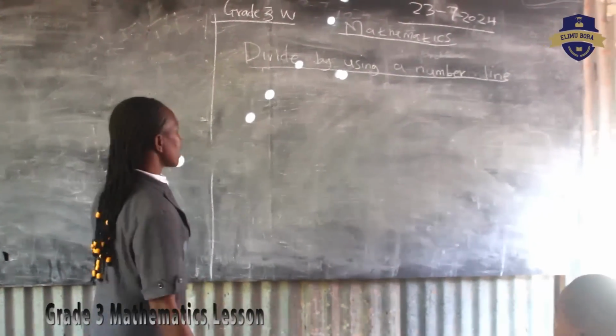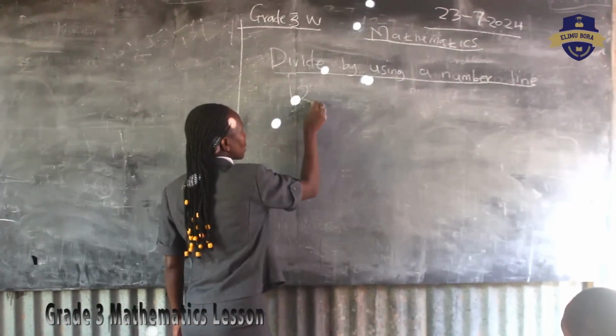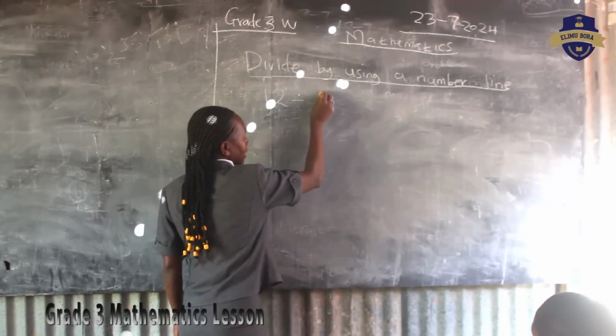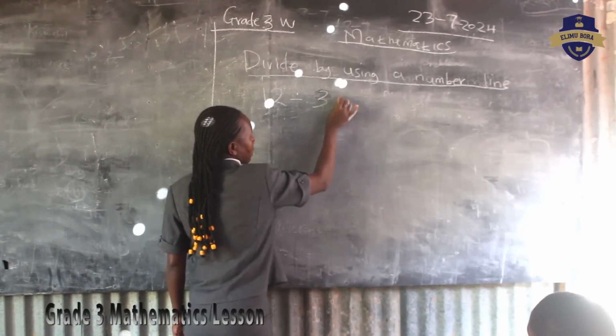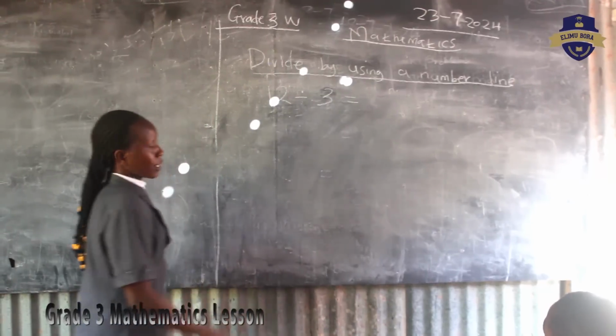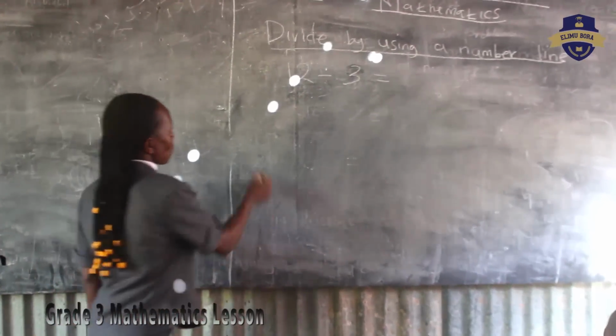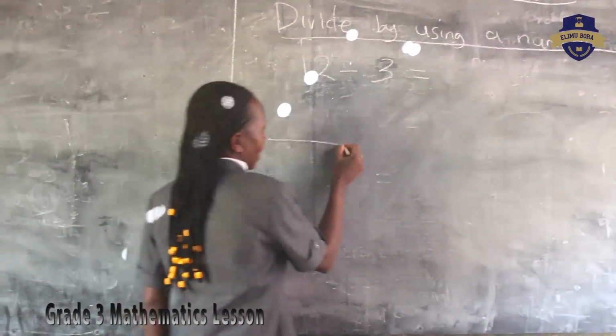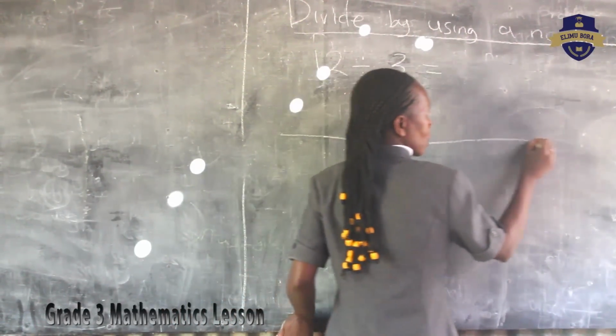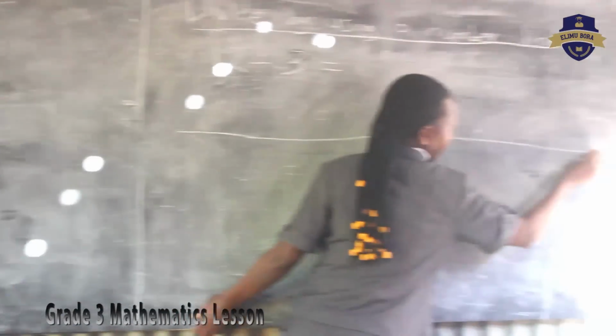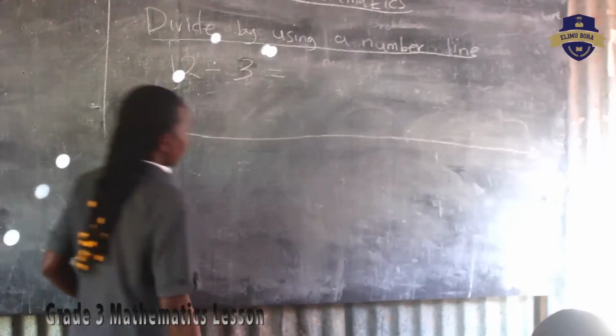The first step is, we are given 12 divided by 3. So we draw a number line.